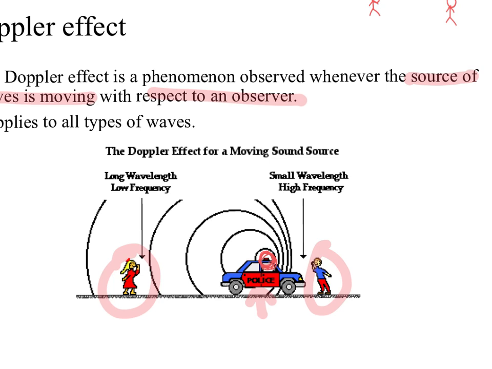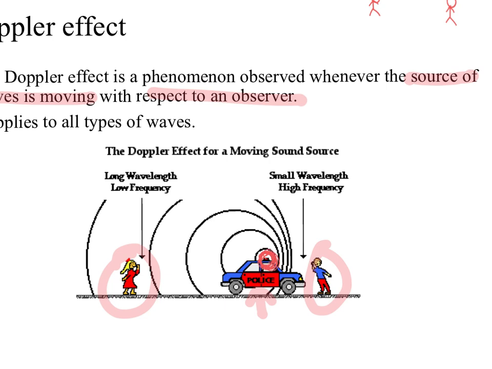Even though the source is moving, it's not moving relative to itself. So the actual frequency of sound that the police car emits is constant from the source. It's the way we observe it that causes it to change. We get the observed sound frequency that we hear because it's moving towards us, but the actual sound's frequency in the source does not change.